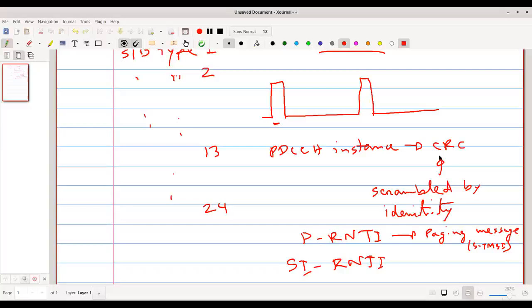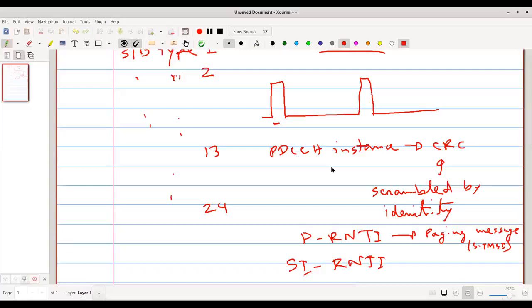On the other hand, if the CRC is scrambled by SI-RNTI, then it indicates that a system information, some SIB type, has been transmitted. And this PDCCH instance also indicates the RB locations of the SIB type.